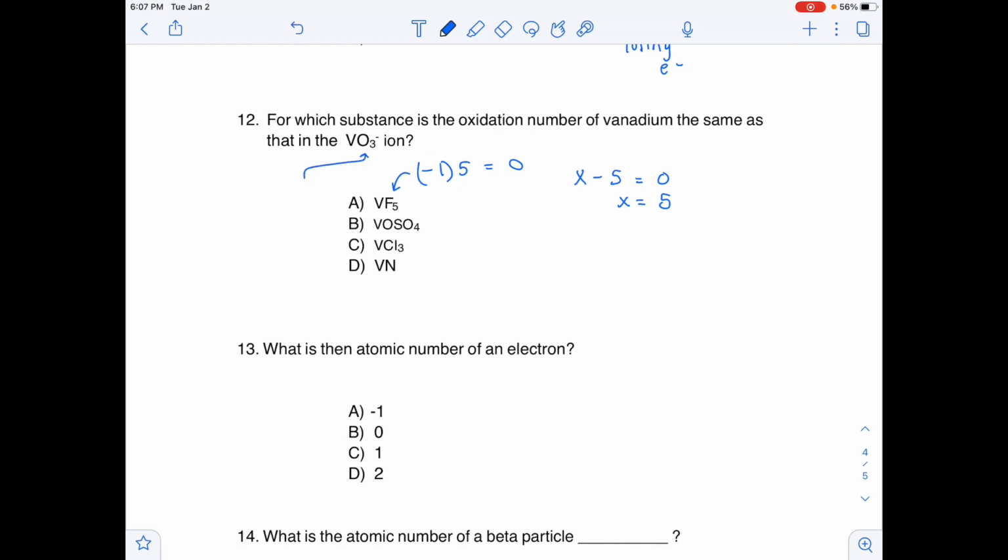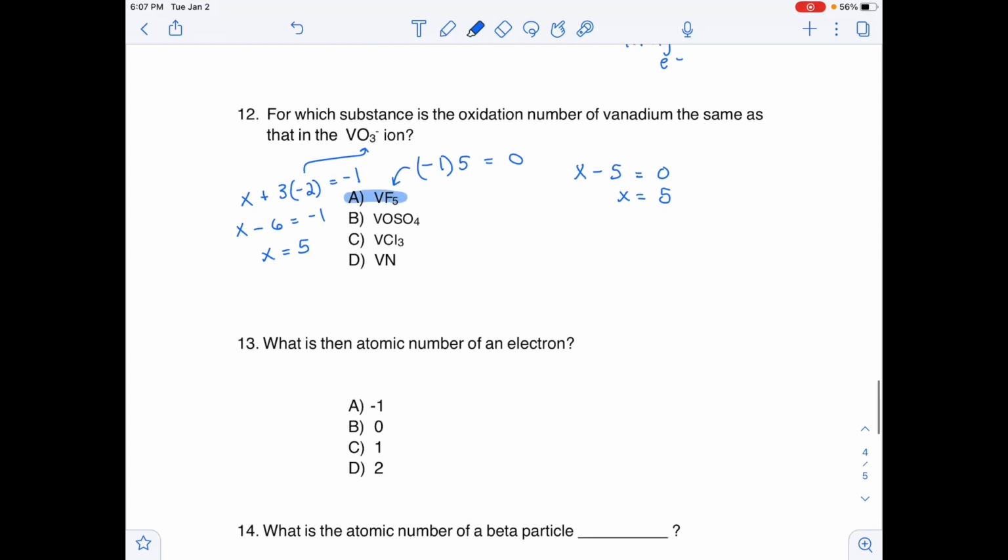And then we should have done this first, but the oxidation number of vanadium in VO3 minus would be 3 times -2, and it would have to equal -1. So x minus 6 equals -1, x equals 5. So we did option A, and that matches perfectly with what the question asks. So we don't even have to go any further because the correct answer is A.